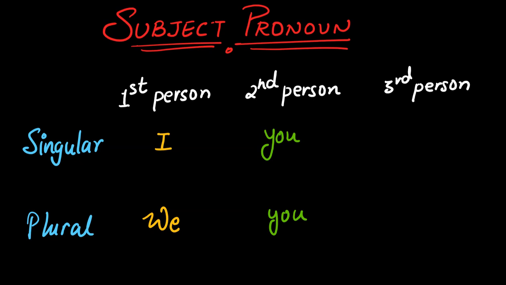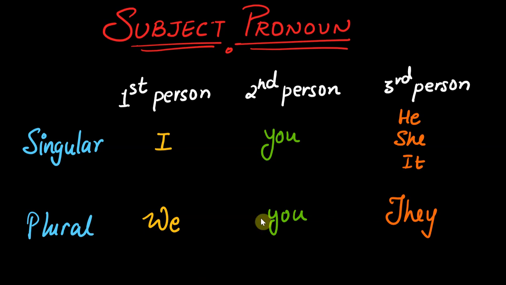Okay, you will always address them by saying you. You can make the table. Okay, I'm not drawing the table over here, but you can draw the table. Okay, third person, he, she, and it. And third person plural form is they. Okay, I hope you have understood. This is very, very important. Make sure that you learn this table.